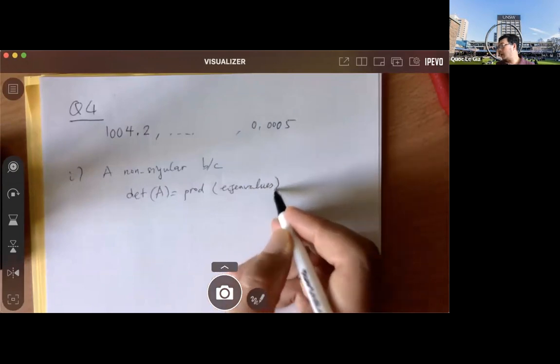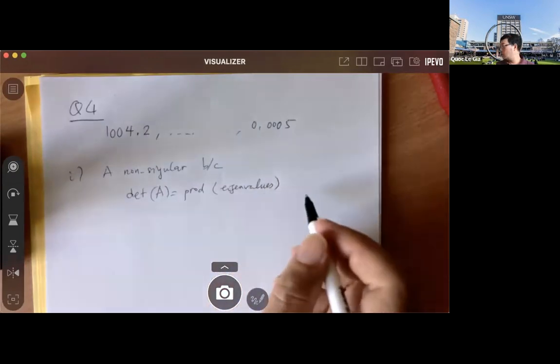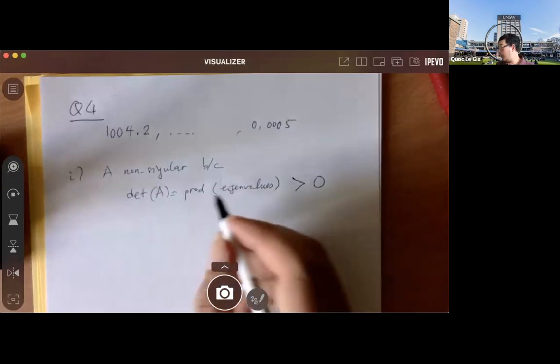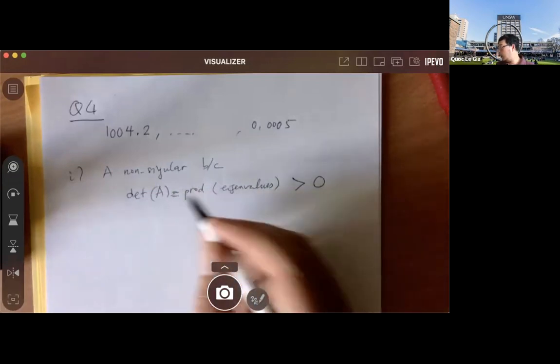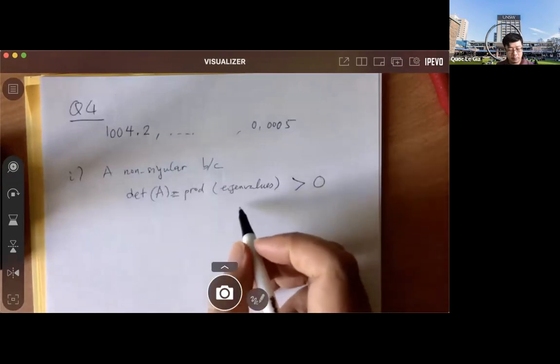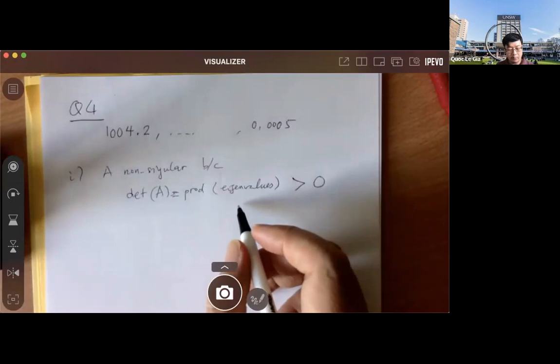And you see that all the eigenvalues are positive, so the product of the eigenvalues, which equals the determinant, is positive. And if the determinant is non-zero, then we have a non-singular matrix. So this one is just from linear algebra.